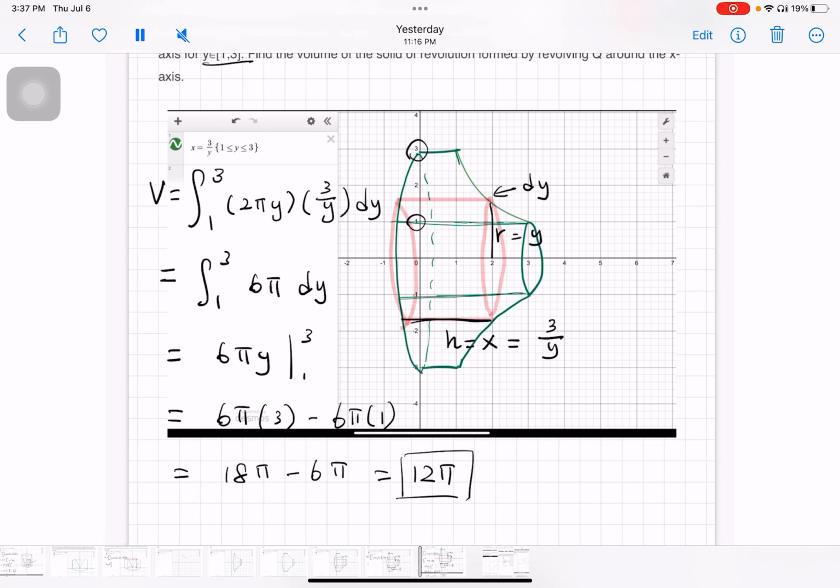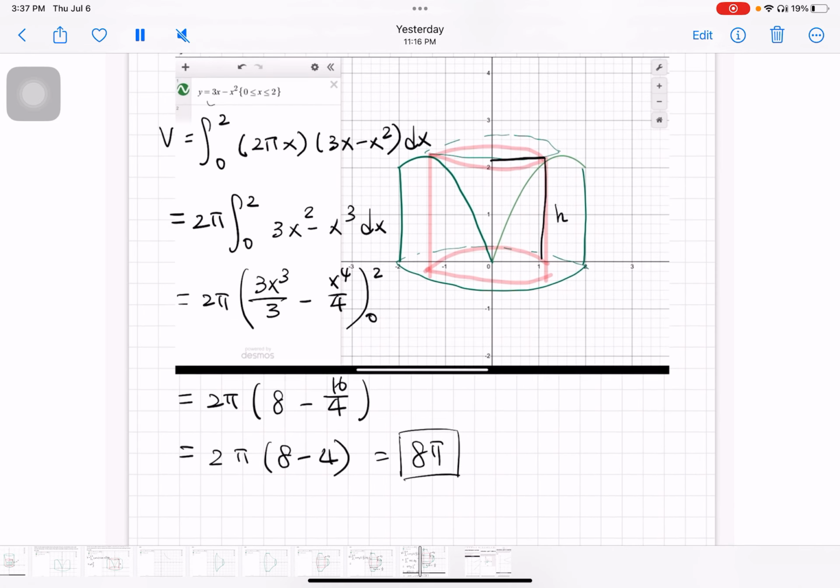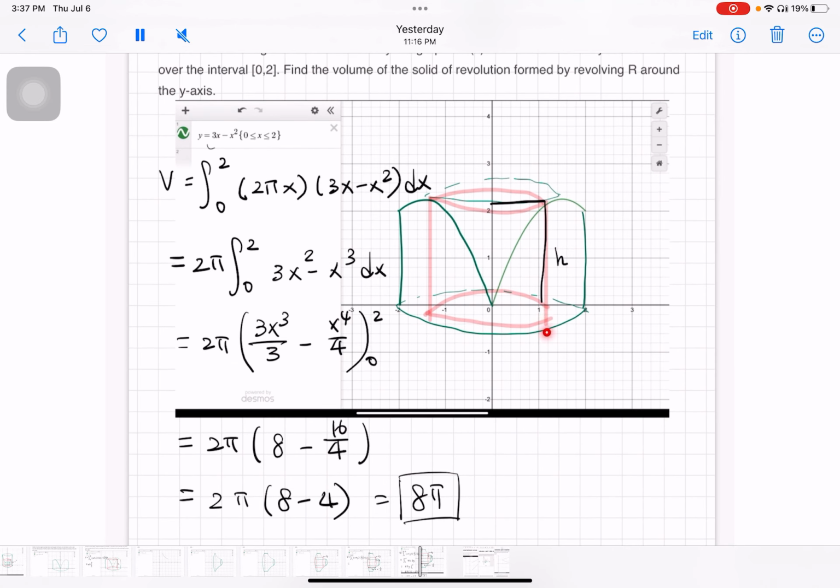If we are rotating along x equals negative 1, for example, your radius is going to be the x values plus 1 or y values plus 1. So you do need to think about how to find the radius. It is not always the case that the radius is either x or y. You do need to figure it out case by case.